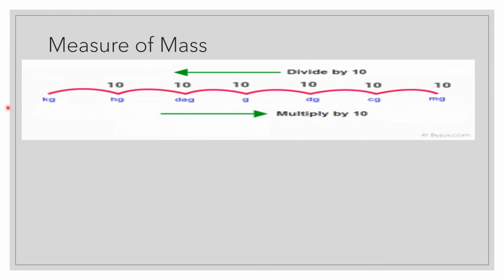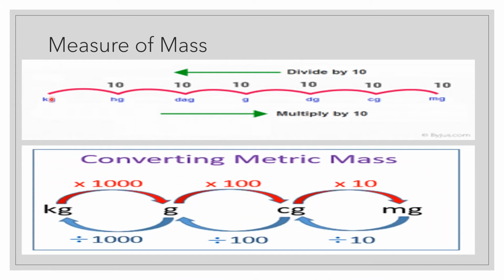Going to the left, divide by 10. For converting metric mass, kilogram to gram is times 1,000. Gram to centigram is times 100. From centigram to milligram, times 10. From milligram to centigram, divided by 10. From centigram to gram, divided by 100. And from gram to kilogram, divided by 1,000. That is a good set of conversion factors that we will use later.